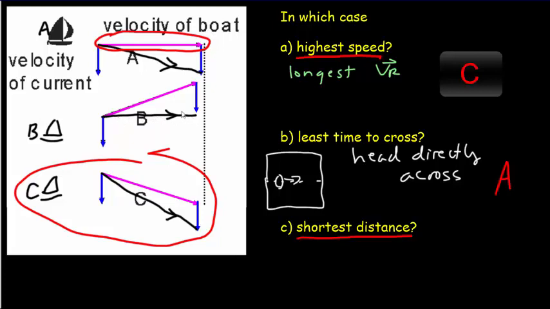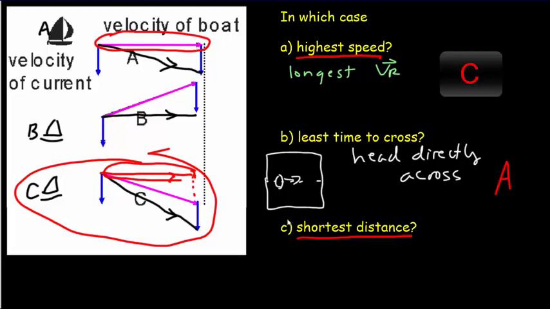And that black vector is shorter than the pink vector. And then down here, the component of the resultant that is directly across would really be that vector here going up to this point. But once again, that component is going to be shorter than the pink vector in A.